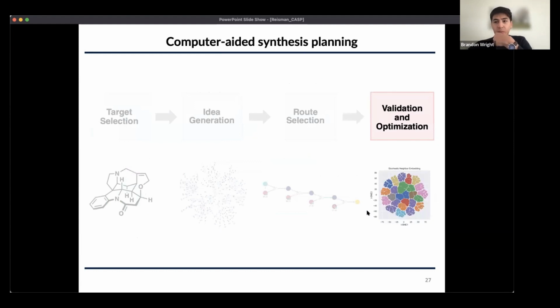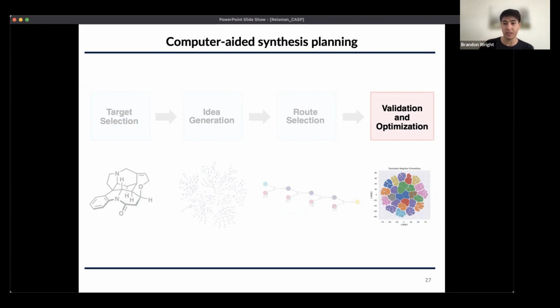Okay, so now I want to move into the last section of the talk here, and highlight how computers can be used for the validation, execution, and optimization stage of synthesis planning. So we all probably know, once we have a route decided, we have our hypothesis of we're going to make this complex molecule in the following way.